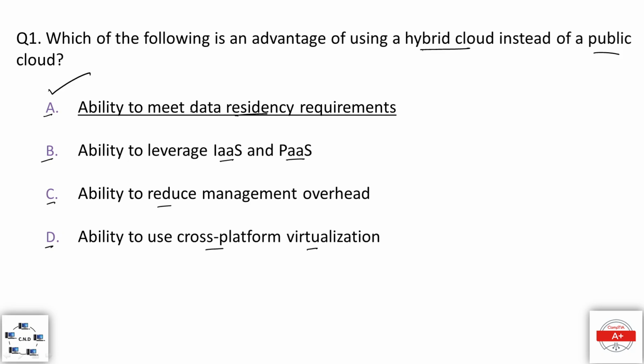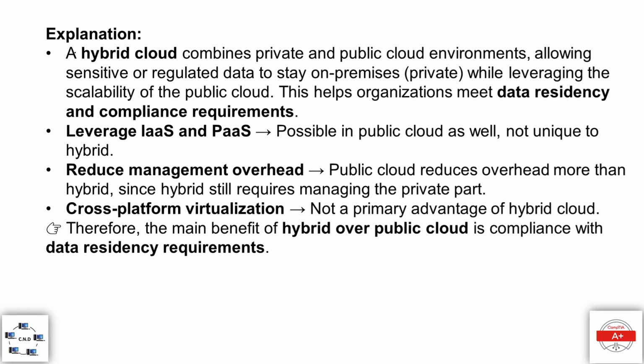And the explanation for this correct option, as well as the incorrect options, is: a hybrid cloud combines the private and public cloud environments, allowing sensitive or regulated data to stay on premises, that is private, while leveraging the scalability of the public cloud. This helps organizations meet data residency and compliance requirements.